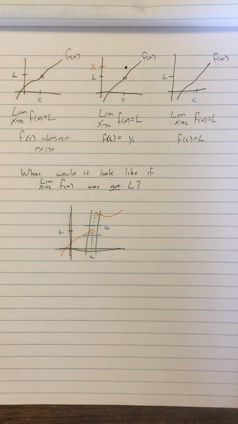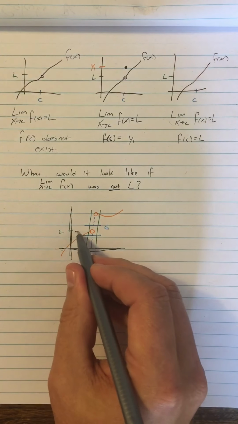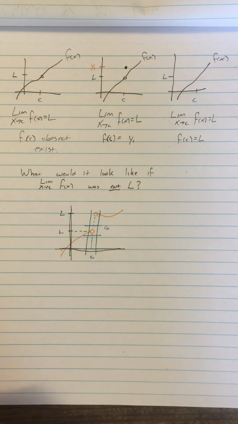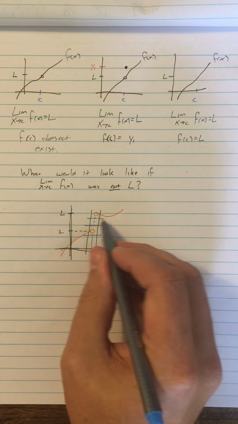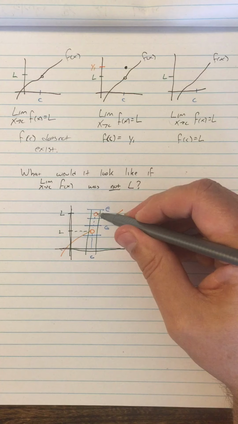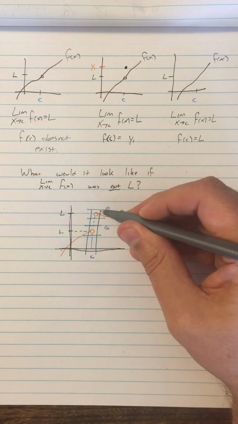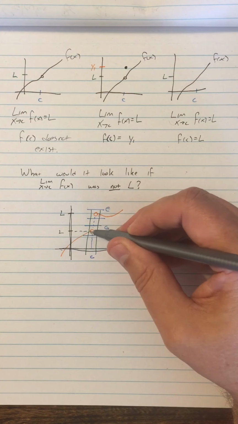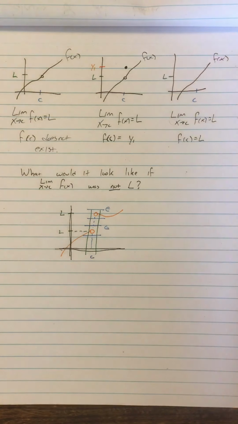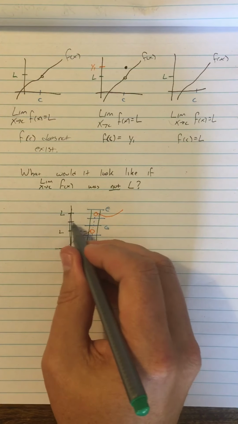That's what happens if we try to define the limit here. And you can probably see the same thing if I try to define the limit up here. If I take a small epsilon band, then my delta band is going to include points on the right that are in the epsilon band, but it's also going to include points on the left that are not in the epsilon band. The same thing happens if I try to take the limit somewhere in the middle.